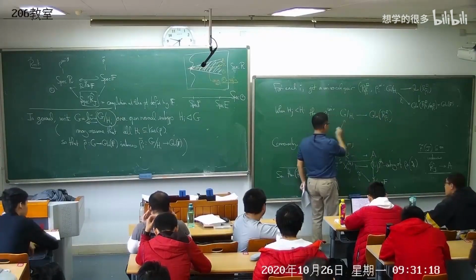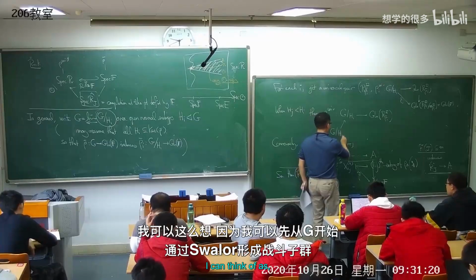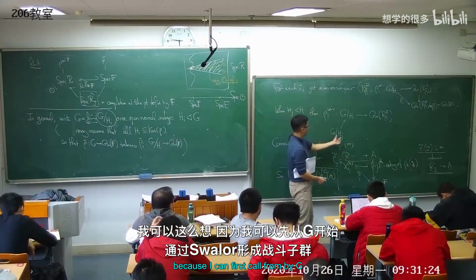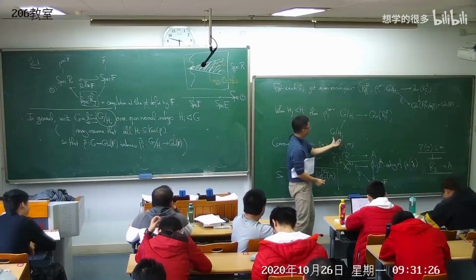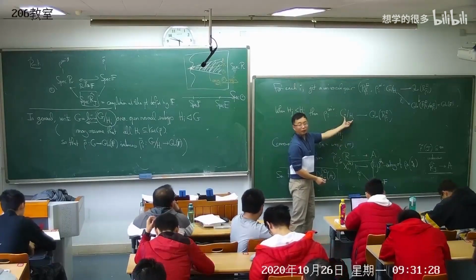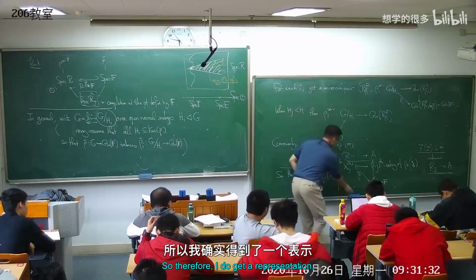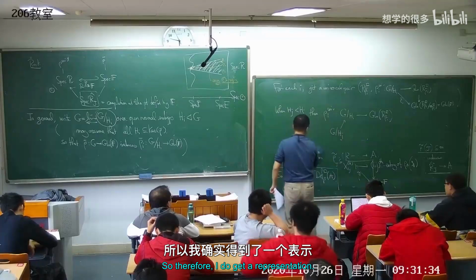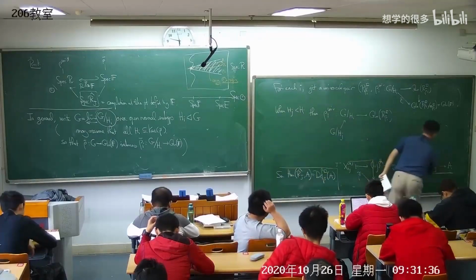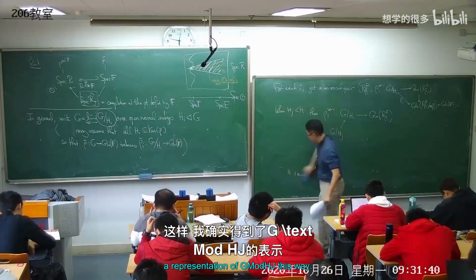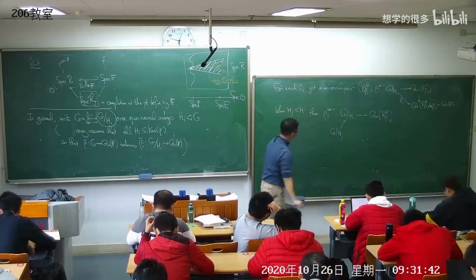But then I can first quotient G by a smaller open compact subgroup, and then quotient by something a little bit bigger. So there's a natural map from G mod H_j to G mod H_i. So therefore, I do get a representation of G mod H_j this way.